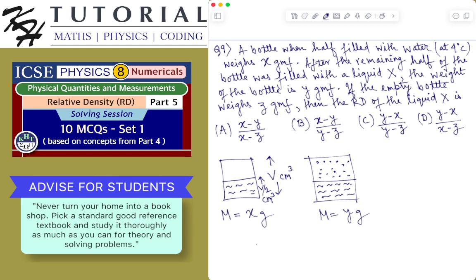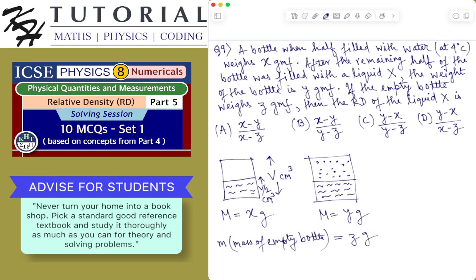So if I consider small m to be the mass of the empty bottle, it is given to be z gram.